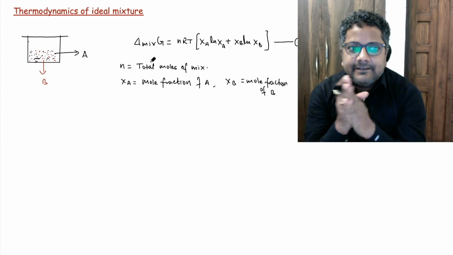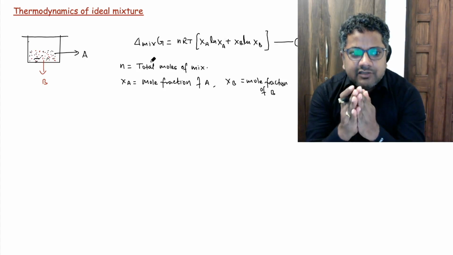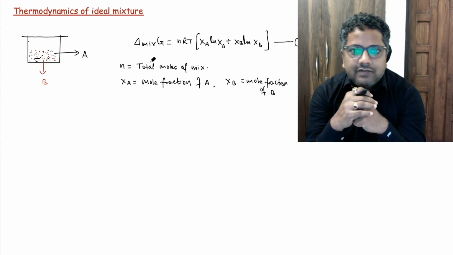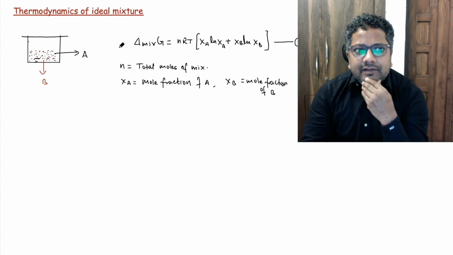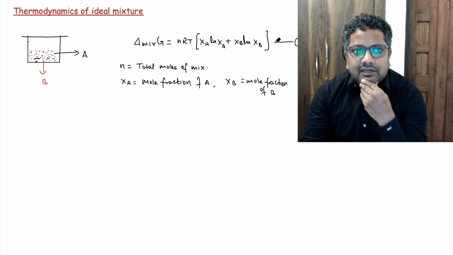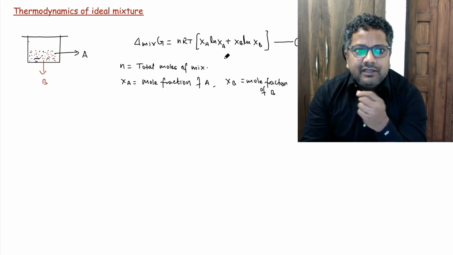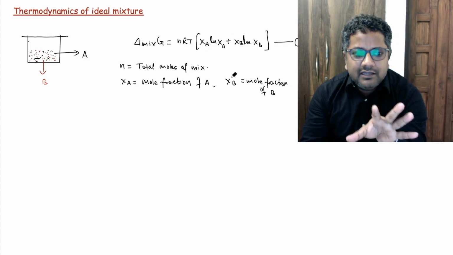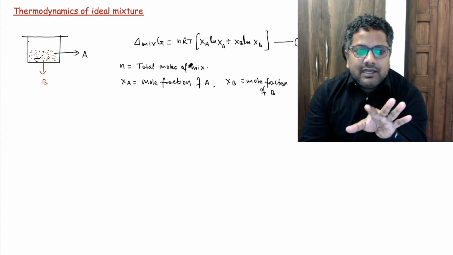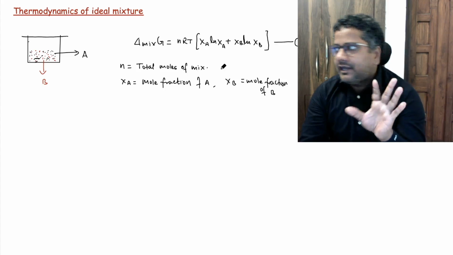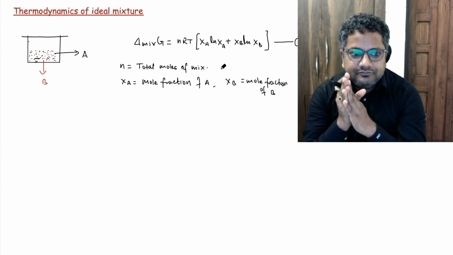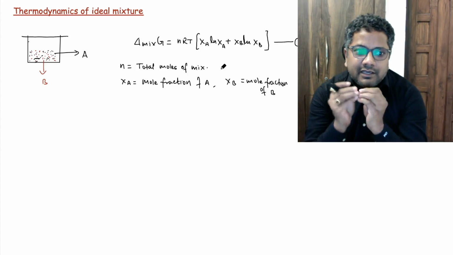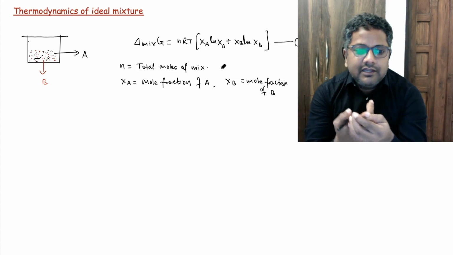So we can say that a stable system will form with the minimum value of delta G. So when we get this minimum value of delta G, what should be the mole fraction of A and B? If you see mathematically, when XA and XB are equal and equal to half, right? So XA and XB are equal and equal to half.